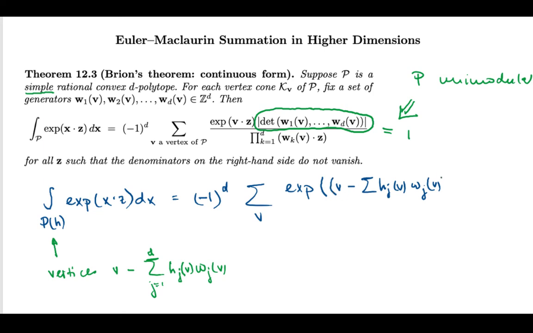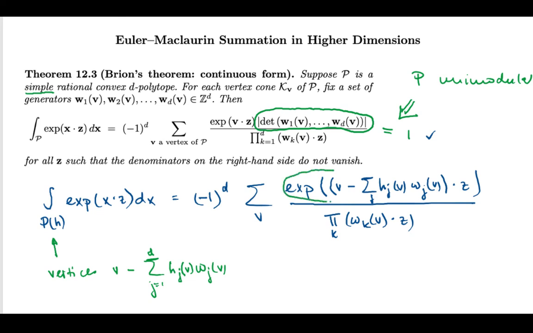And I have to take the dot product of this with Z. Again, my generators stay the same, so this determinant is still 1. And the same thing on the bottom, so my generators are still the same. And now you can see we really need to study what happens in the numerator over here.